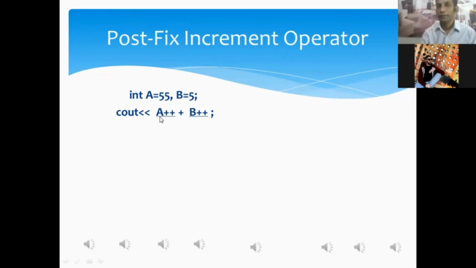A plus plus means we have used the postfix increment operator with variable A. And then we are going to add another variable, but with the postfix increment operator on the variable B. Now, your exam begins. I give you 1 minute. Tell me what will be the output of this program.